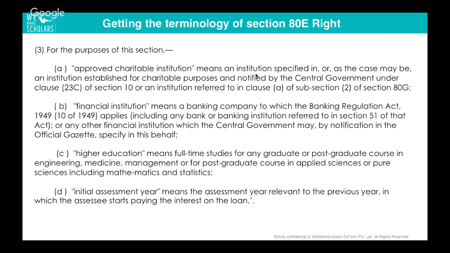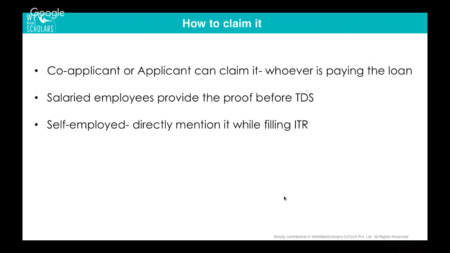So let's say you pay interest for 1 year, and at the end of the financial year, in the next financial year, you claim that out of your income you should be deducting this amount. That's what is written: the assessment year relevant to the previous year in which the assessee starts paying the interest on the loan. So if I start paying in 2021, in the 2022 financial year I can start claiming my rebate or exemption.